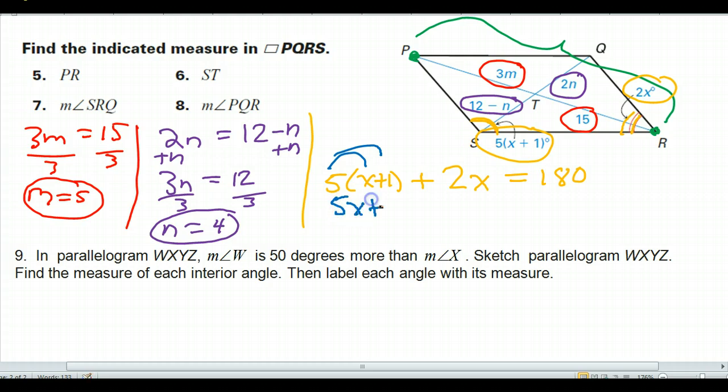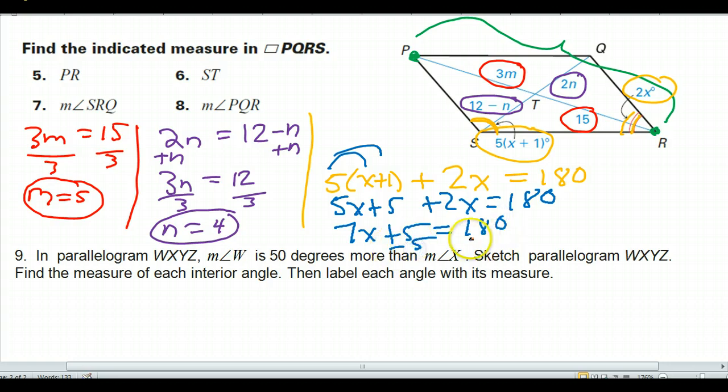So that's going to be like 5x plus 5 plus 2x is equal to 180. Like terms, 7x plus 5 is equal to 180. Subtracting 5 from both sides, that gives me 7x is equal to 175. Okay, what's 175 divided by 7? 25?